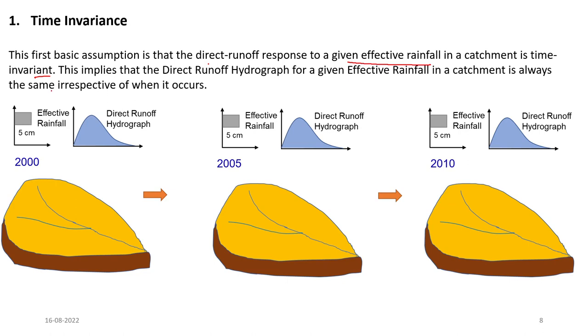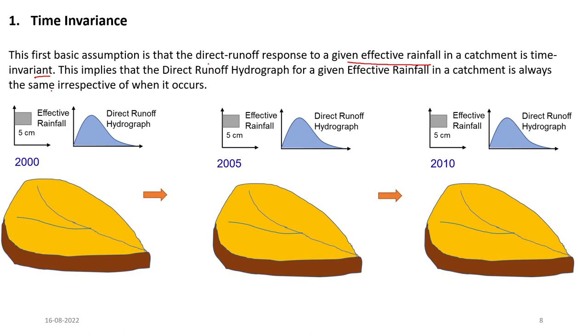After you develop it for a catchment, major deforestation happens in that watershed. Do you think this catchment will respond in the same way as before? No, it will change because deforestation will increase the runoff availability, so the volume of water available for runoff will be more. Similarly, if a major urban settlement happens in the watershed, you will also have more water available than before.